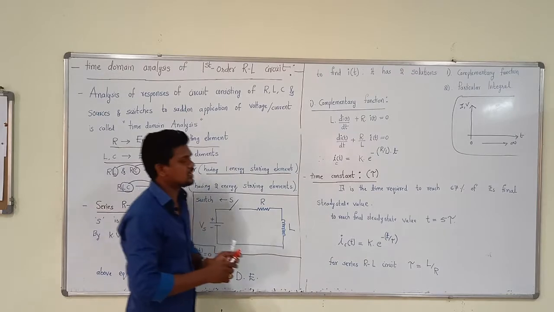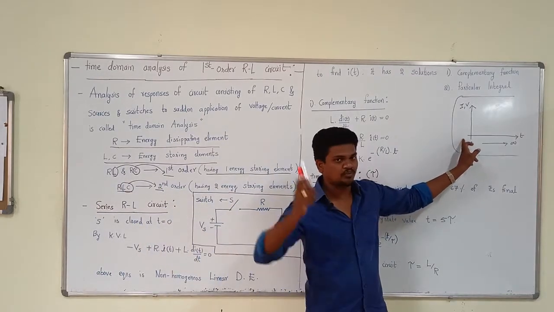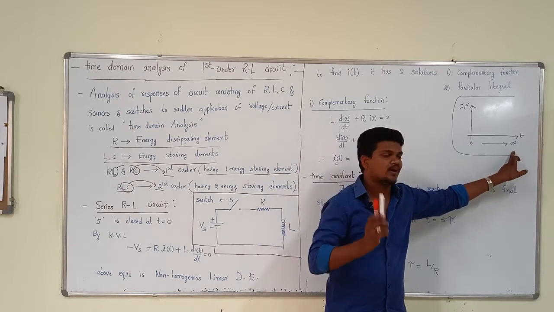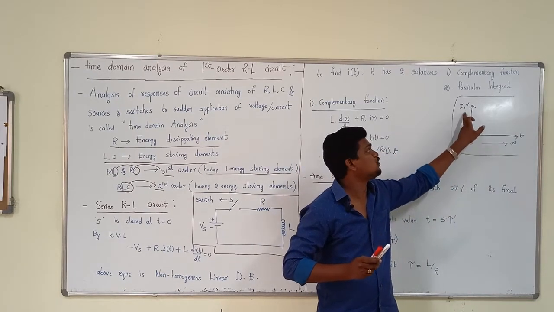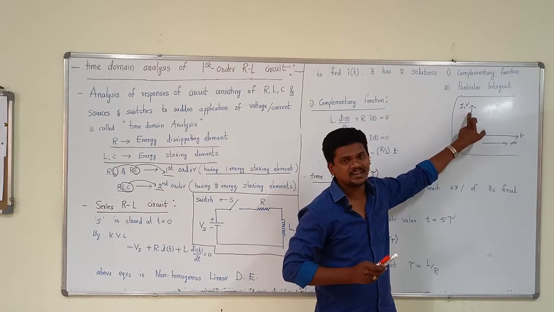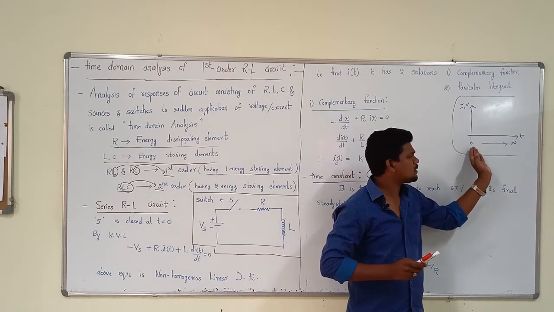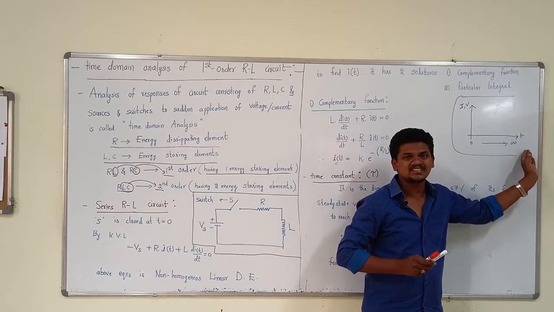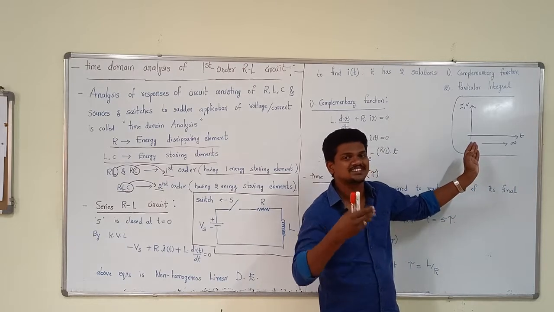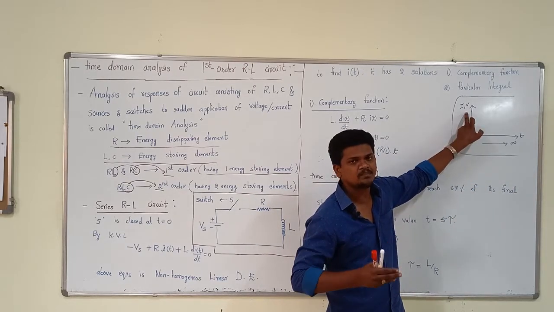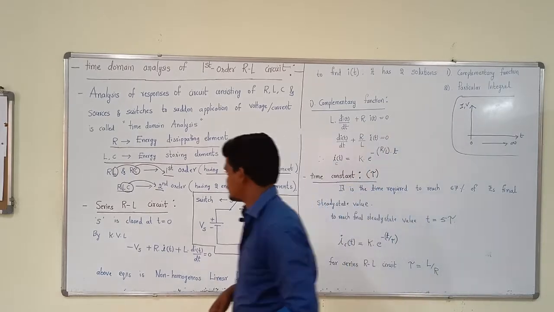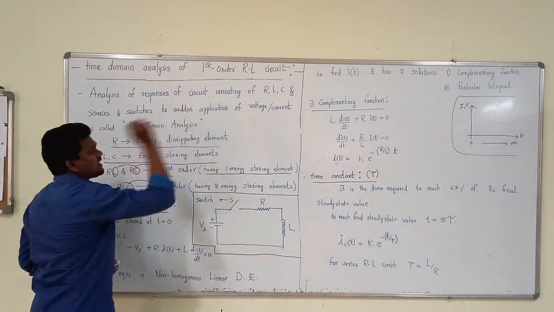That's why I mentioned here, by varying the time from 0 to a particular value, how the current and voltage values vary is observed in the time domain analysis. Time domain means we are observing the time, analyzing means analyzing the responses. Responses in a circuit simply consist of the current and voltages. Understand? Current and voltages. So this is about the time domain analysis.